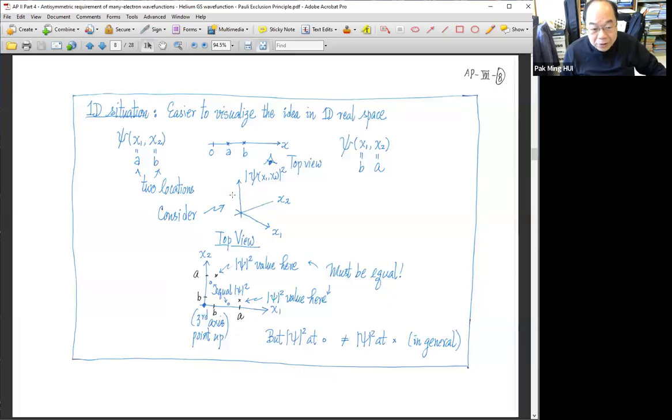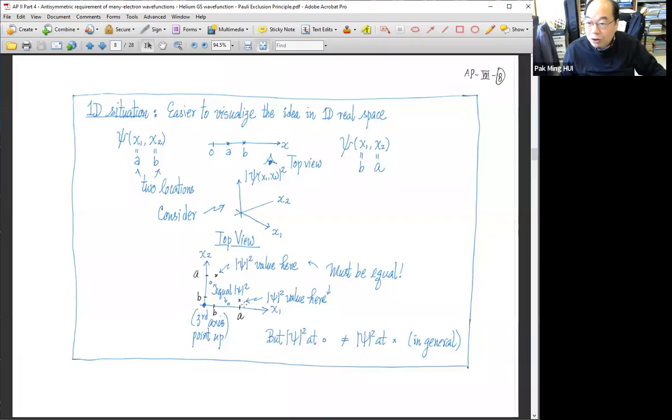Now, let's look at a case. For example, what is this point? This is x1 equals a, x2 equals b. So it is this one, okay? So here, if I look at a top view, looking down, there will be a number here, all right? Or in the 3rd axis, there is a height representing the magnitude of this square.